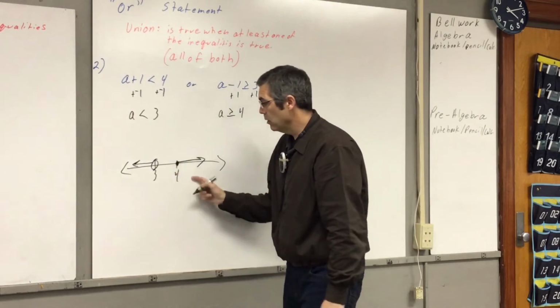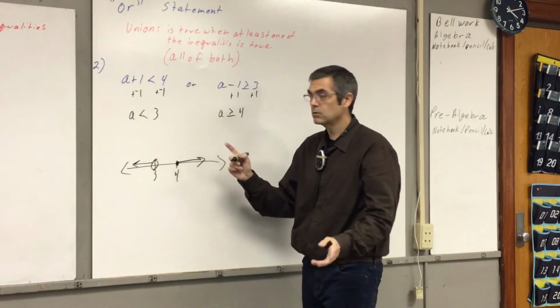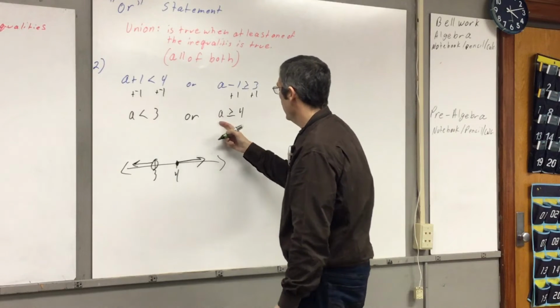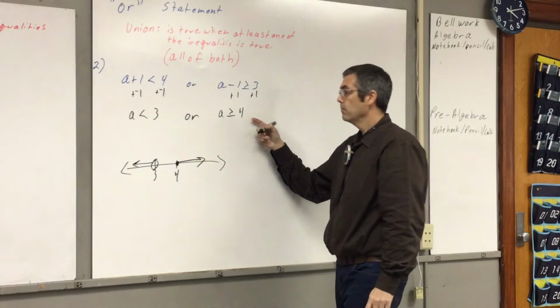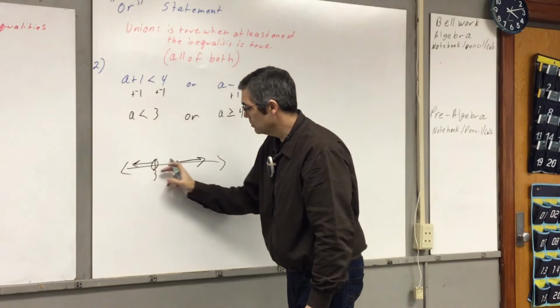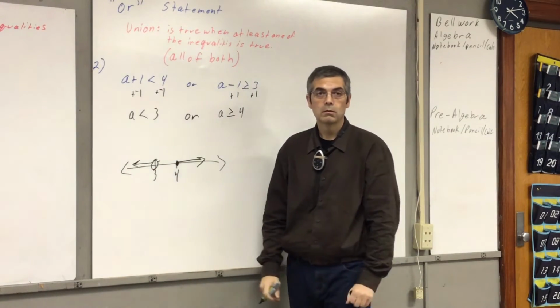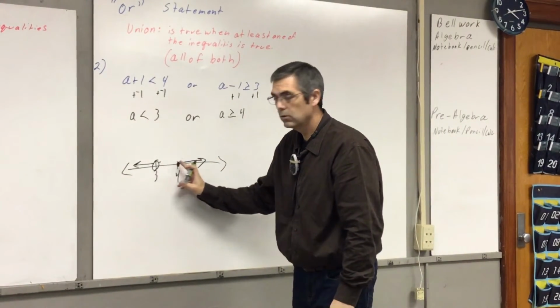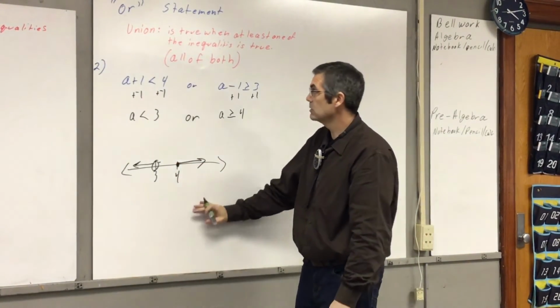Now, either one of these has to be true in order for this to work. So A is less than 3, or A is greater than or equal to 4. One of these two makes this true. Nothing in between here will work. That's what that's saying. A cannot be anything in between here, and it can't be 3. That's what's going on here.